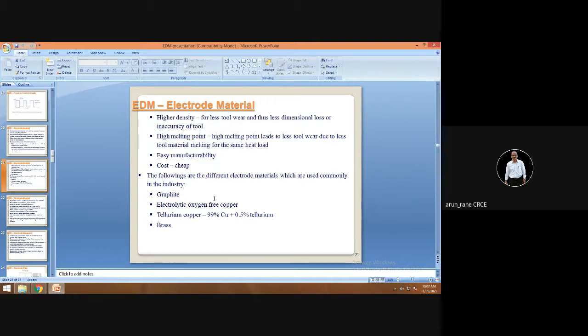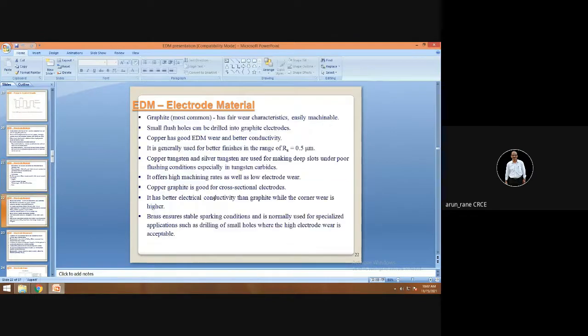So the different materials are graphite, brass, electrolytic copper, then beryllium copper. So depending upon the material to be cut, you choose the electrode material. Graphite wears fast and copper wears less.